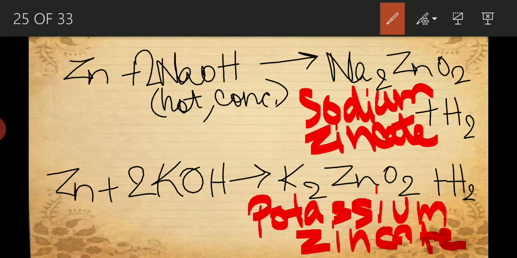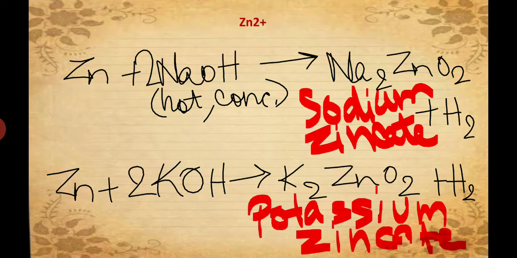So this is all about when the zinc metal reacts with hot concentrated NaOH and KOH, then in both the cases it liberates hydrogen and the corresponding salt. In case of sodium hydroxide, it forms sodium zincate, and in case of potassium hydroxide, it forms potassium zincate.